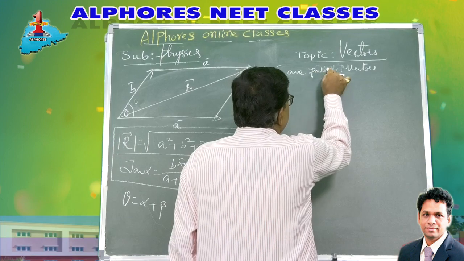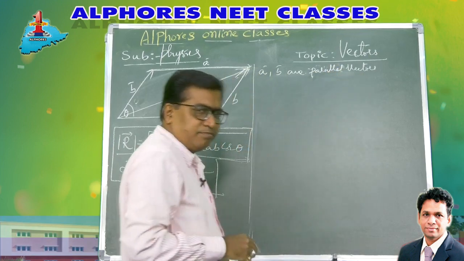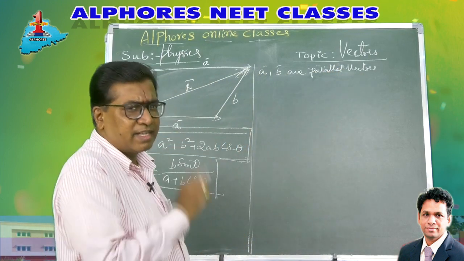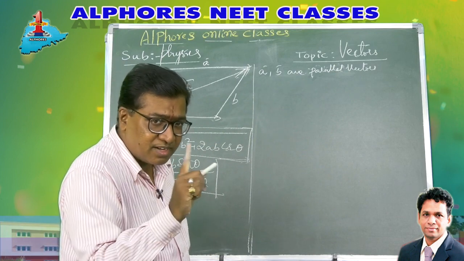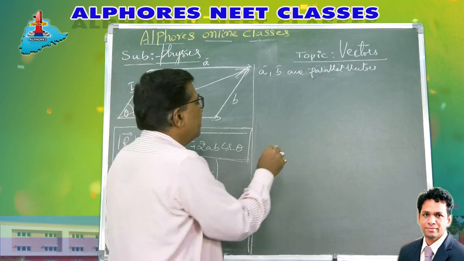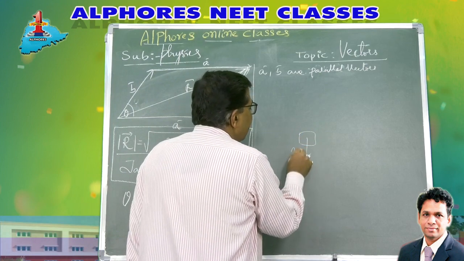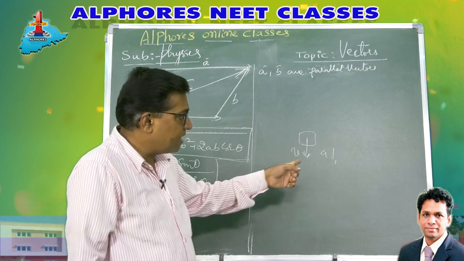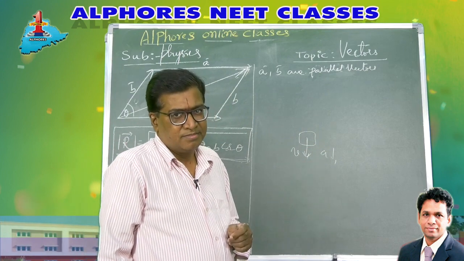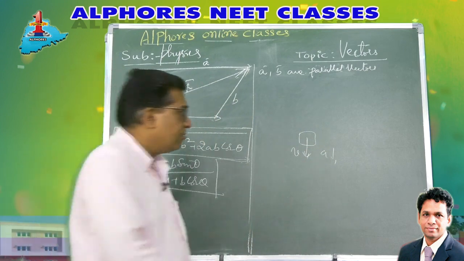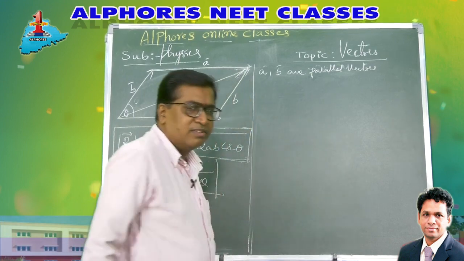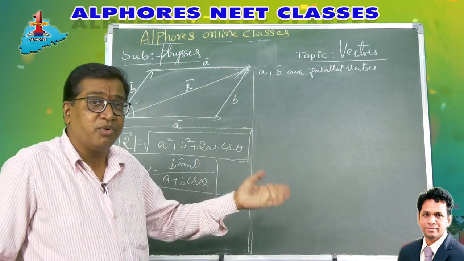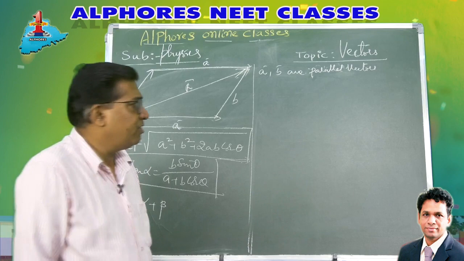For example, if a body is falling freely, velocity of the body and acceleration of the body are both in same direction. They are parallel vectors, they are not like vectors. Suppose two bodies are falling down, acceleration of this body and acceleration of that body are both parallel and like.